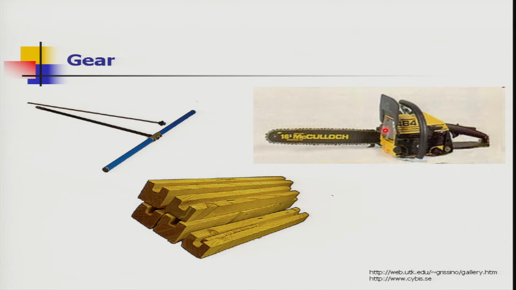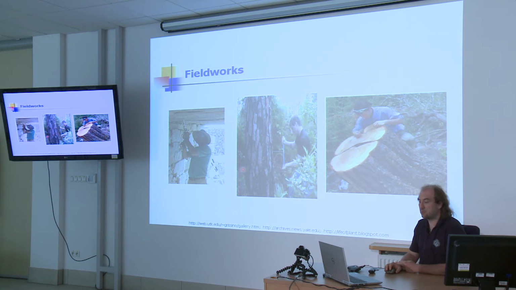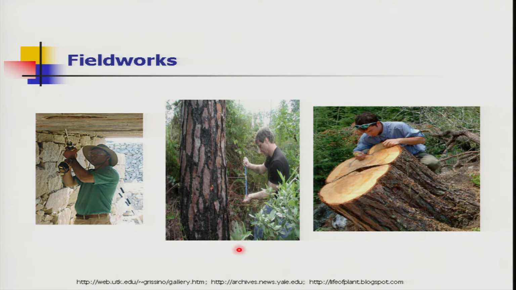We also use a chainsaw if we have bigger source material, to get the increment cores or cross sections. We use wooden sticks to store the material. The increment cores are glued to these wooden sticks and stored in the laboratory. The coolest part is always the fieldwork, collecting the material.